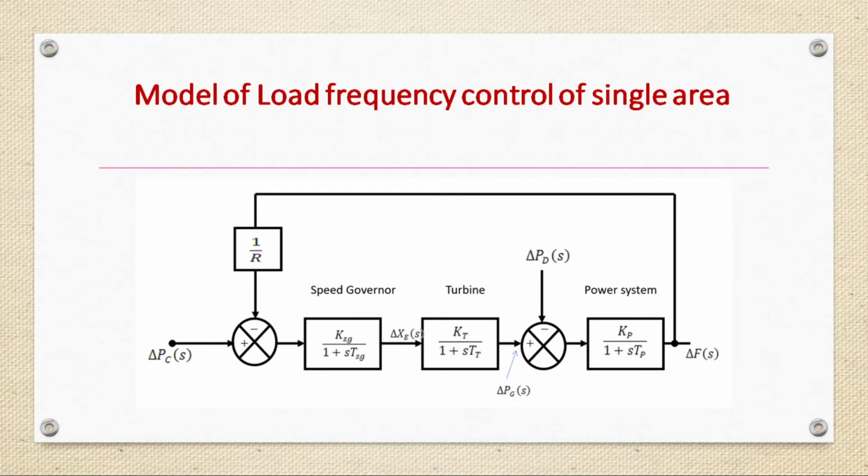So in previous classes we have seen the complete block diagram of a load frequency control of a single area case. We have combined the three models, that is governor model, turbine model and generator model, and altogether it forms the complete block diagram of a load frequency control of an isolated power system.